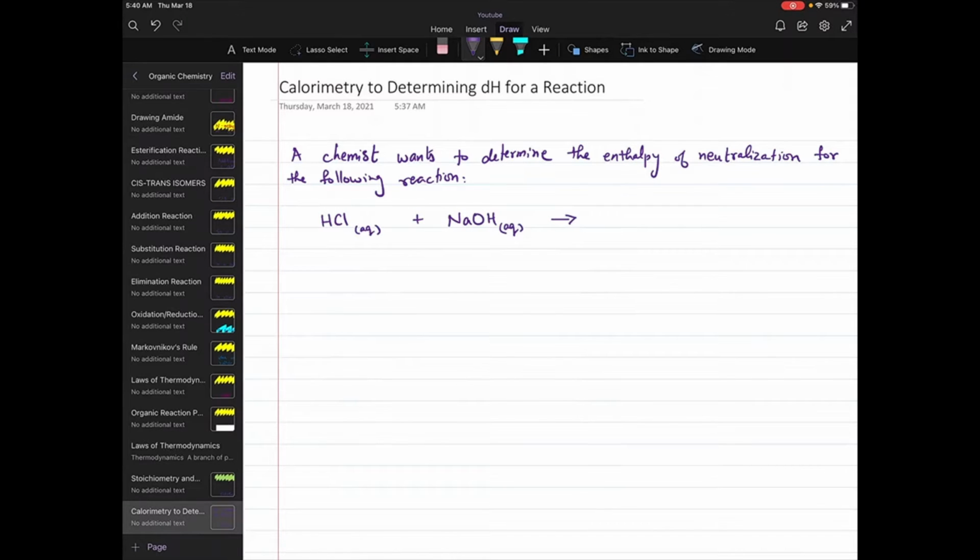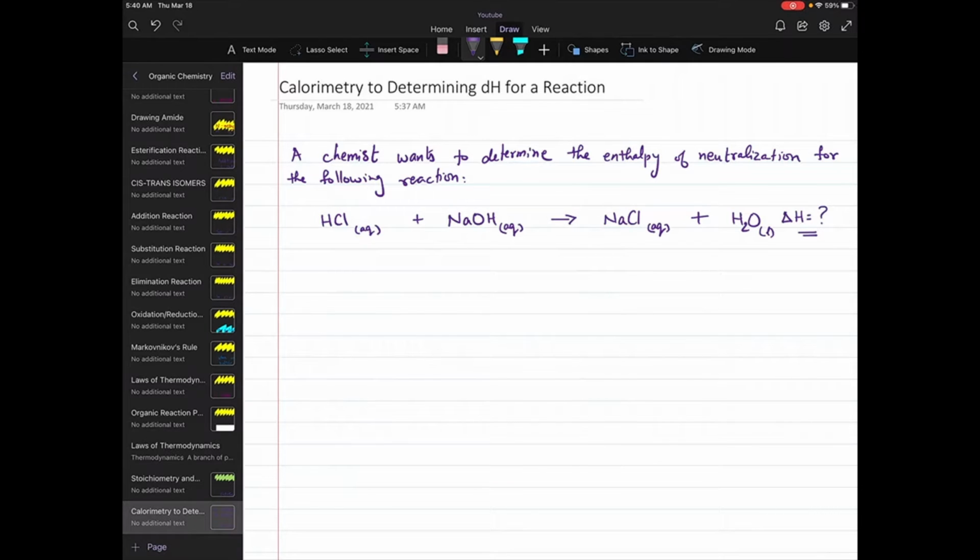In this case, the salt is going to be NaCl, in water again because this reaction is taking place in water, plus H2O, which is water, in the liquid form. What we are trying to do is find the delta H for this reaction, which is equal to how much? That is what we're going to try to find.